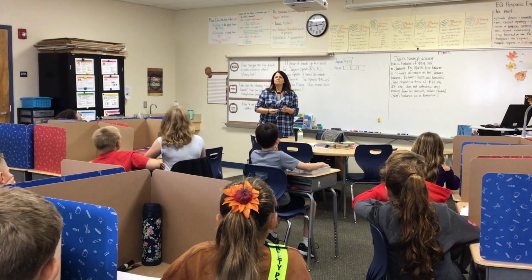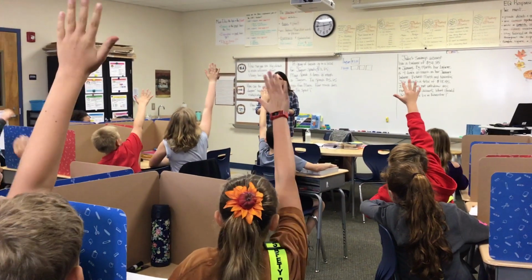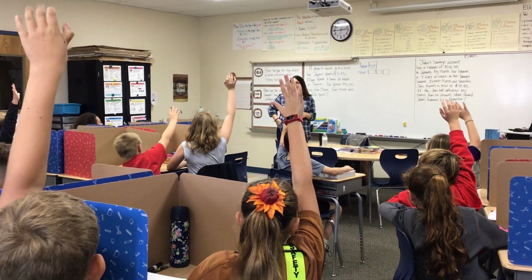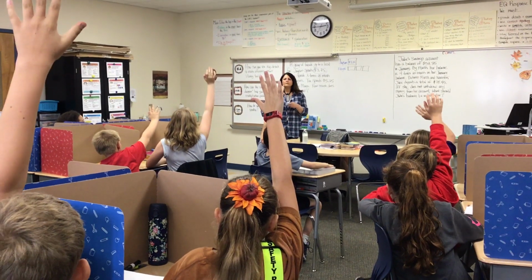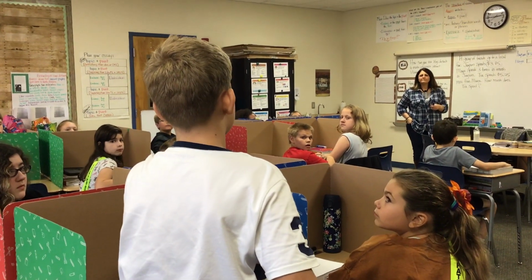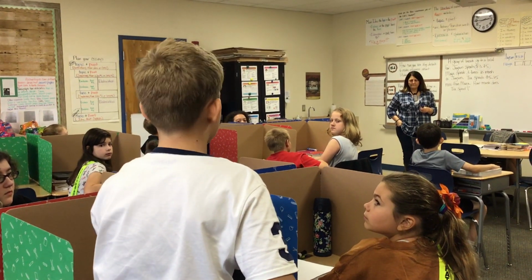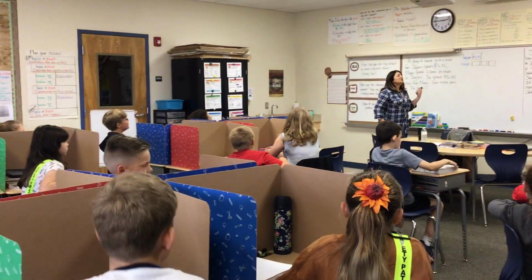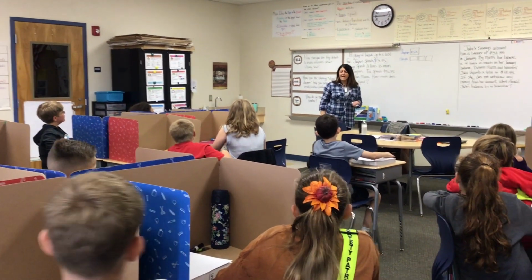Why did Tyler tell me to write 3 boxes down next to Maya's name? Chris. Because she has 3 times as much money, she spent 3 times as much money as Jason. Excellent self-correction. She spent 3 times as much money as Jason.